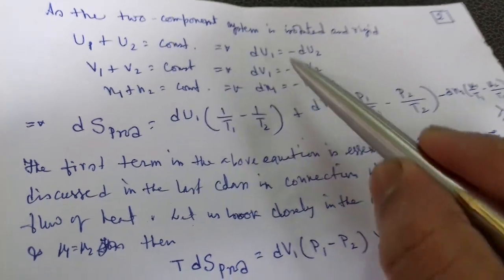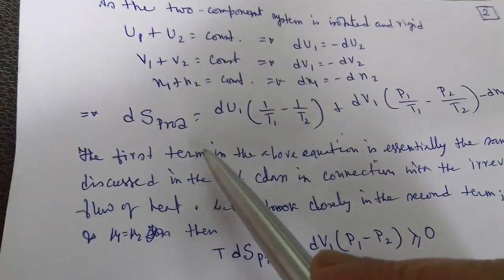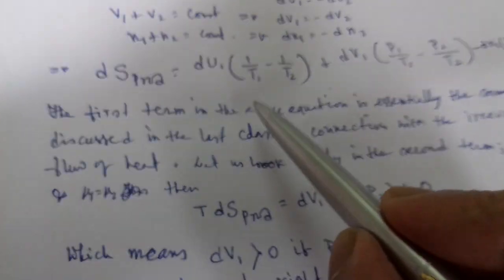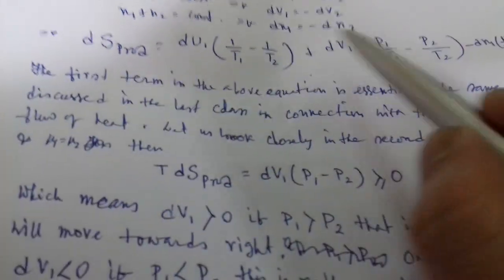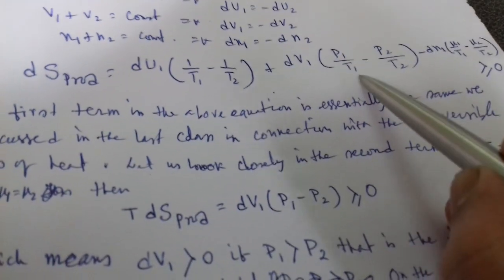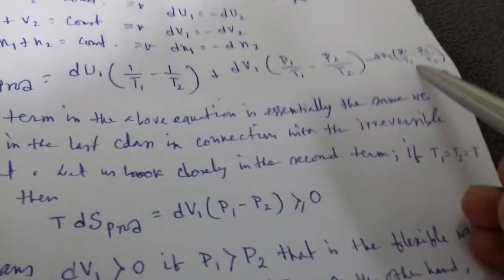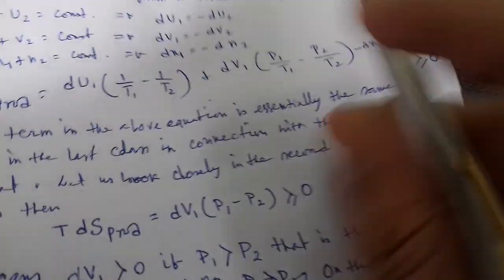Now putting these three things in the previous equation, we get dS prod equals dU1 into 1 by T1 minus 1 by T2, plus dV1 into P1 by T1 minus P2 by T2, minus dN1 into mu1 by T1 minus mu2 by T2, that should be greater than or equal to 0.